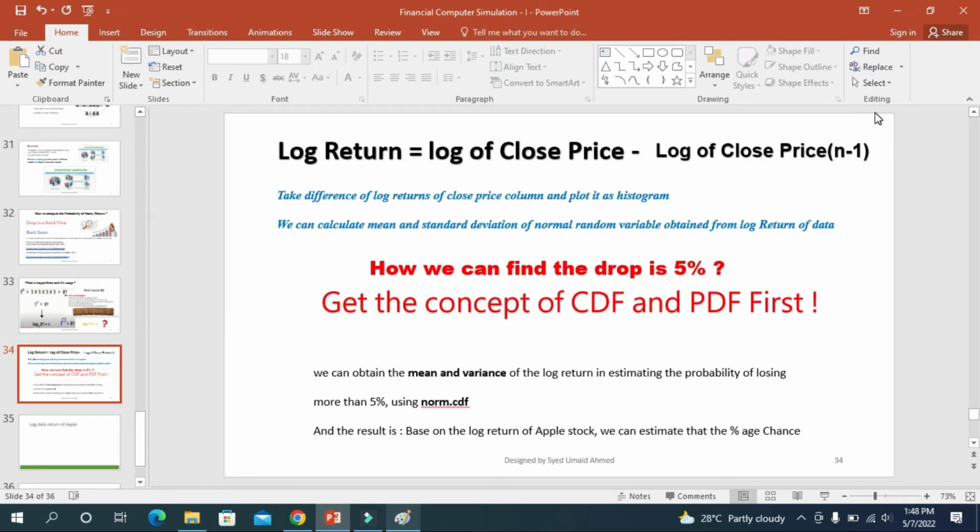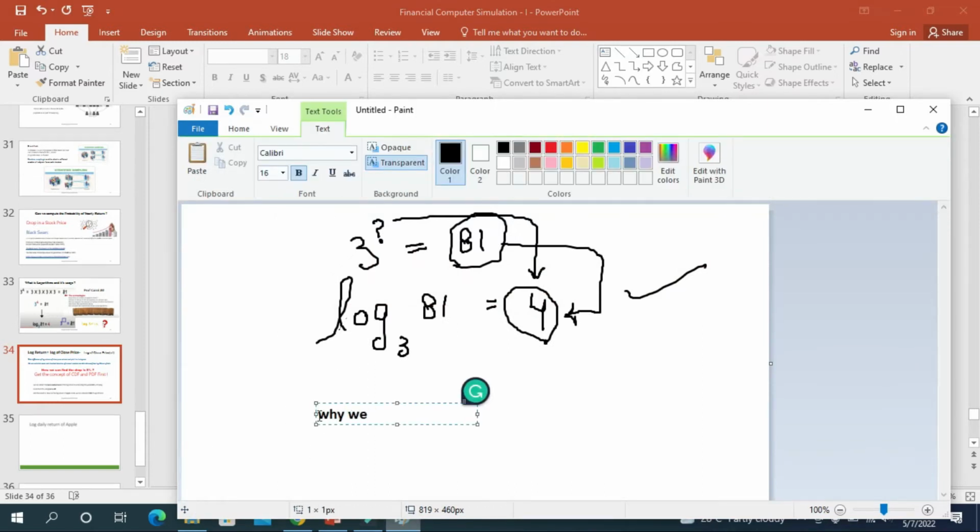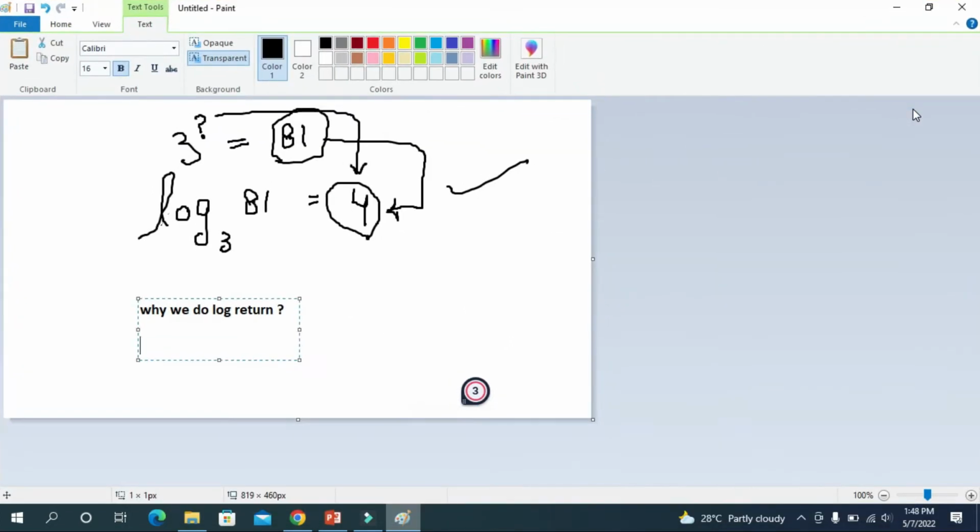Someone will ask why we calculate log return. We must ask why we are calculating it.